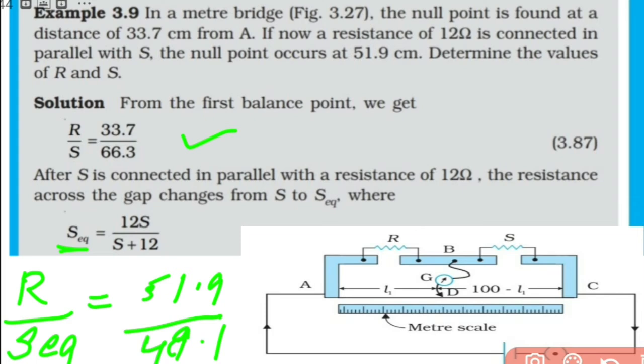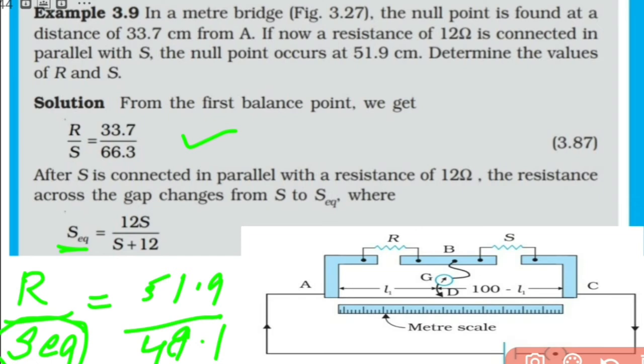Now the two equations you have to solve. You have to substitute for S equivalent. When 12 and S are connected in parallel, S equivalent is given by 12S by S plus 12.